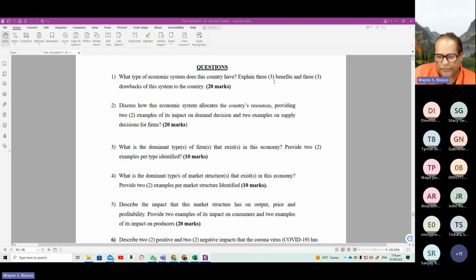What is the dominant type of firms that exist in the country? Provide examples, 2 examples per type identified. You might find that there are a lot of different types of firms, and when we say types of firms, it means, are they sole traders, are they partnerships, are they companies, that kind of thing. So what is the most dominant form of firms?